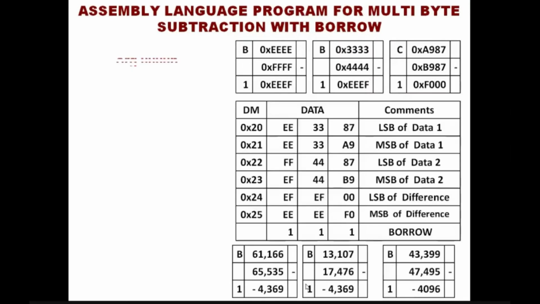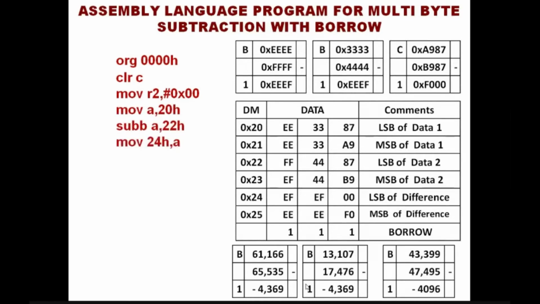And if you write the code as usual, so clear carry, and the register R2 content has to be cleared, and move A, 20H, subtract A, 22H, and move 24H, A. As usual, first the even number content is subtracted, then move A, 21H, subtract with borrow A, 23H, and here you are checking for the borrow.